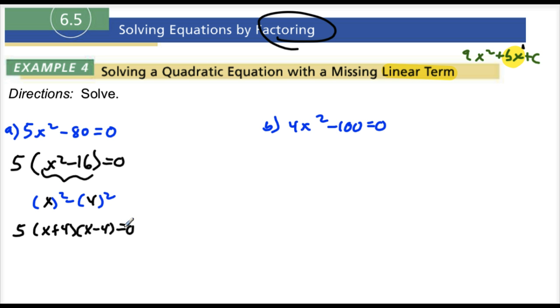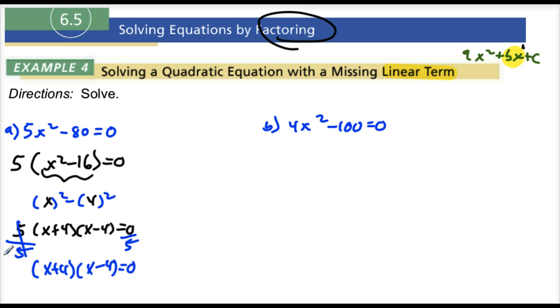So what do we do with this now? Just like in the past two examples, you set each factor equal to 0. Now what about the 5? If I divide both sides by 5, I have x plus 4 times x minus 4 equals 0. Whether you put the 5 here or not doesn't matter.